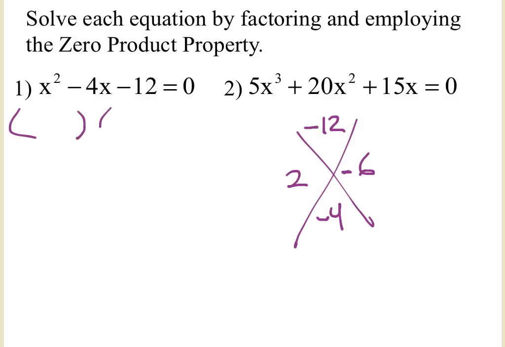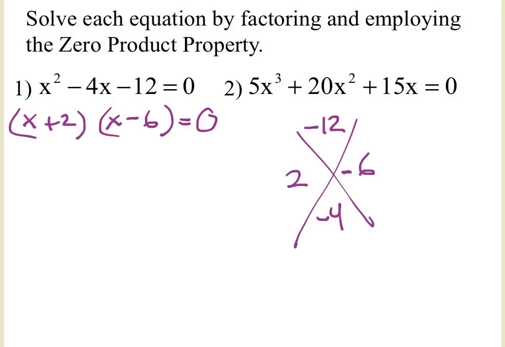Now remember, there's no coefficient here for that a term, so I'm just doing the straight x marks the spot, where the square root of x squared is x times x, and my plus 2 and minus 6 come in right there. I don't have to break down my middle term like I did when I had a coefficient over here. So it's x minus 6 and x plus 2.